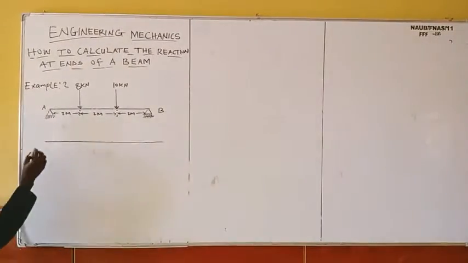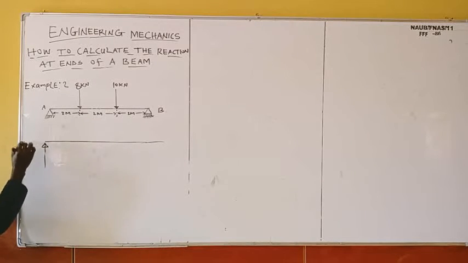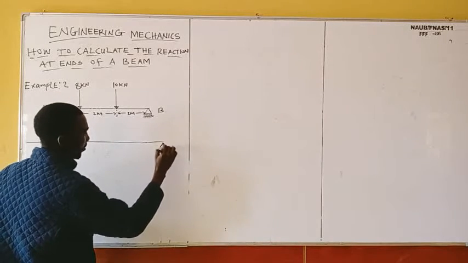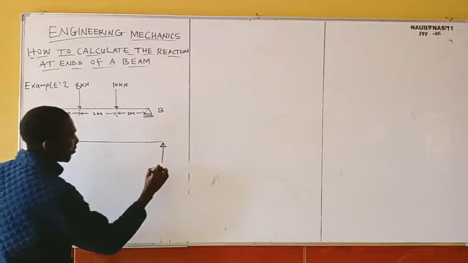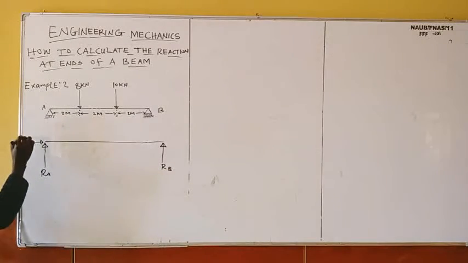So now, it's like this. So this one is like this. You get that? So now we are having a vertical reaction, arrow A, and we are also having a vertical reaction, arrow B. Do you get that? And here we are having a horizontal reaction. You get that?